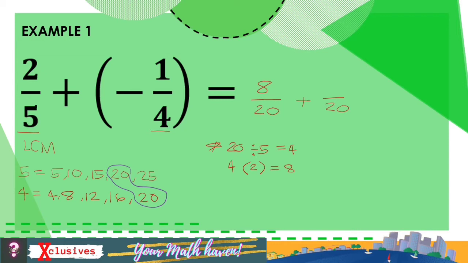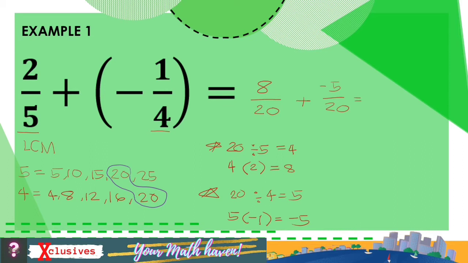For the second one, 20 divided by 4 gives us 5. 5 will be multiplied to the numerator, that's negative 1, and will give us negative 5. So we will write negative 5 here.